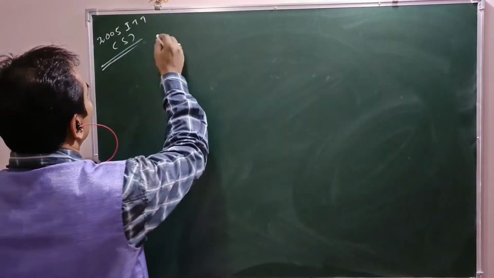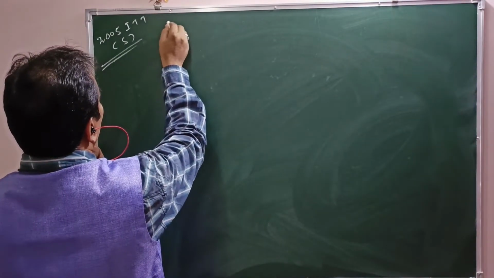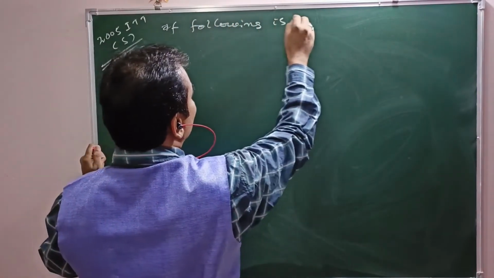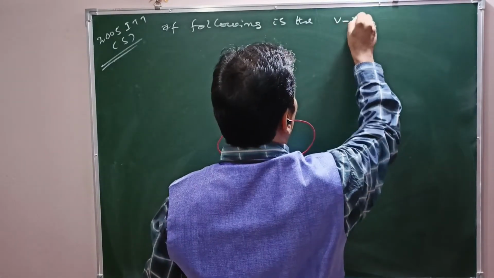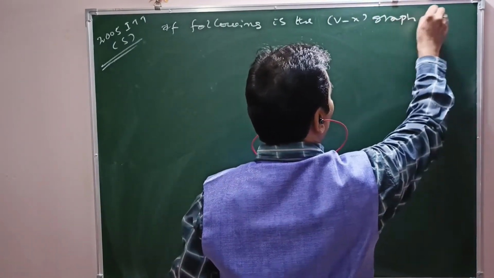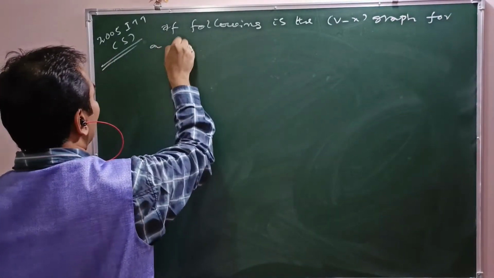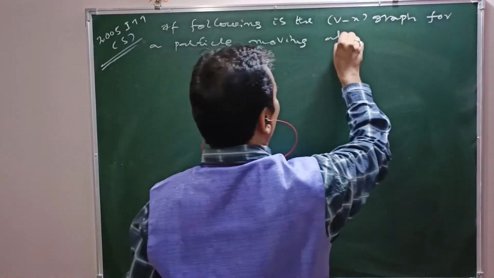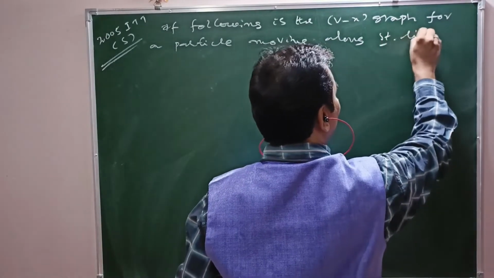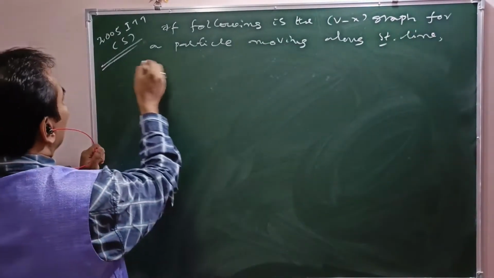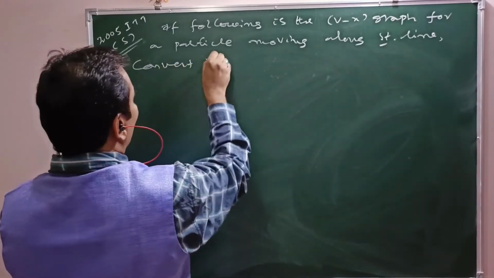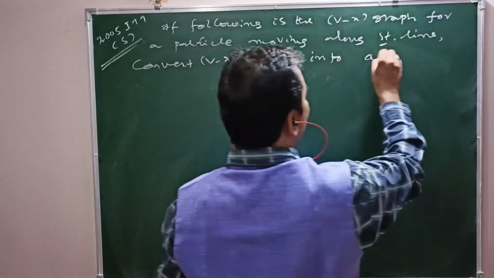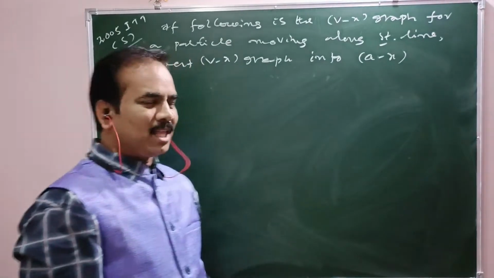If the following is the velocity versus x graph for a particle moving along a straight line, convert the v-x graph into an a-x graph. A means acceleration, x means position, otherwise displacement.